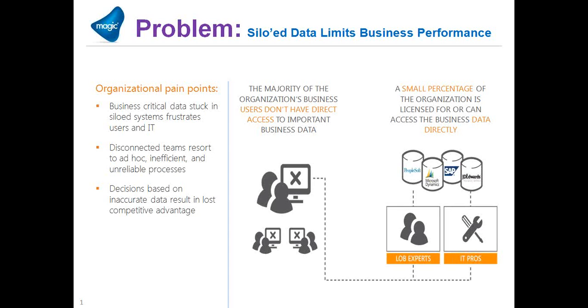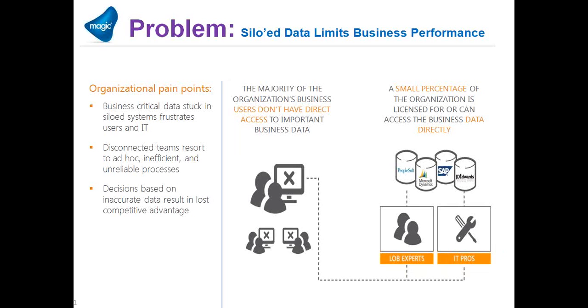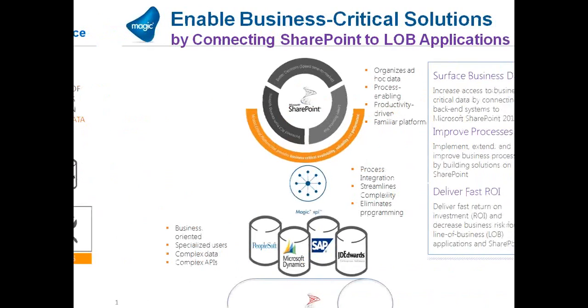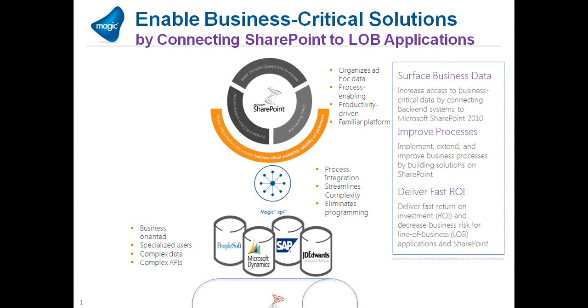So when you're a JD Edwards user, you have both the user side as well as the IT support side of that JD Edwards application. We need to talk about how you can enable business-critical SharePoint solutions by connecting SharePoint to your line of business application, specifically JD Edwards.